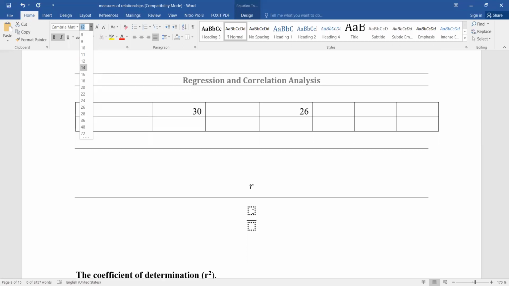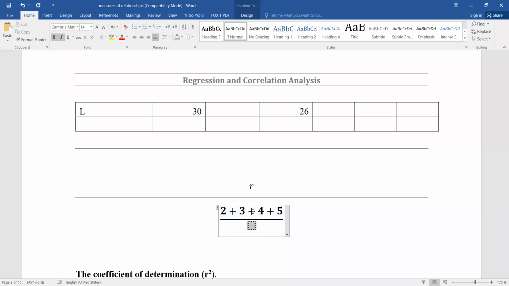The first 30 will occupy the second position. The second 30 will occupy the third position. The third 30 will occupy the fourth position. And then the last 30 will occupy the fifth position.